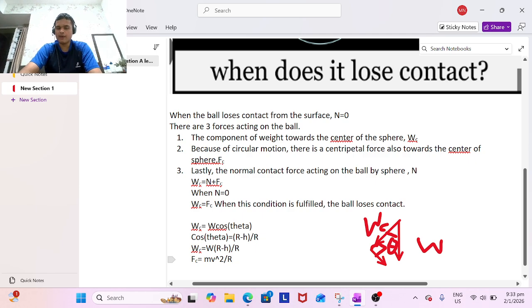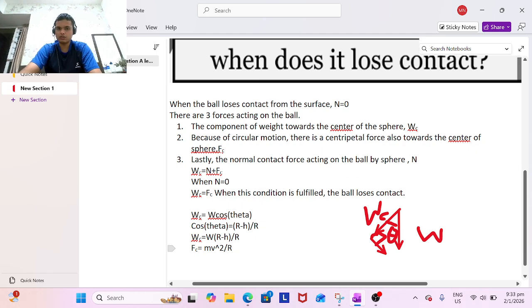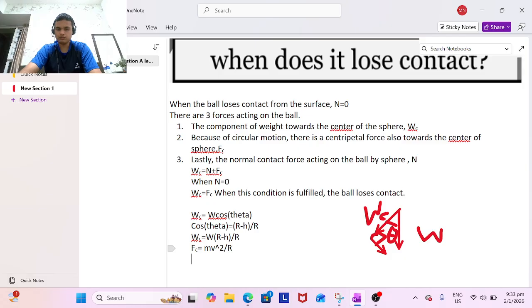Because we have to equate WC with FC, we equate them now since we have expressions for both. So we have W times (r minus h) by r is equal to mv square by r.